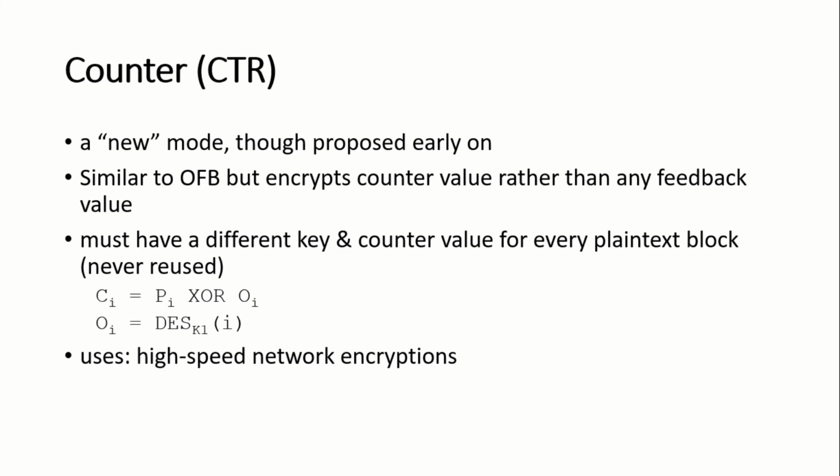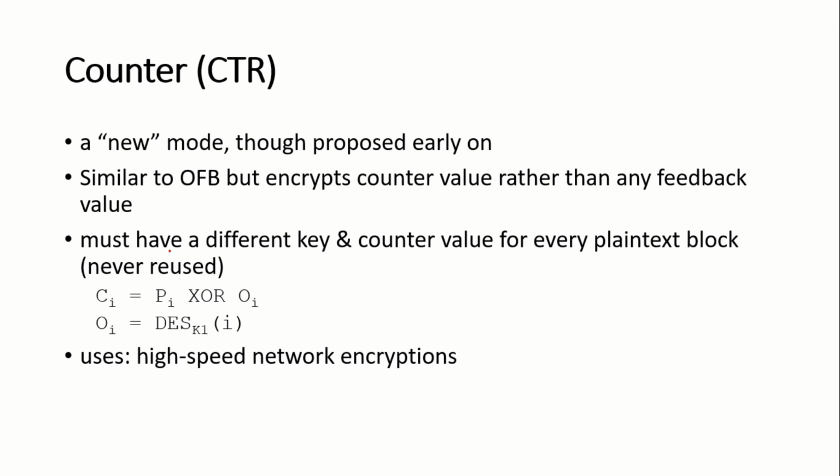Now the last mode of operation is counter mode, which we represent as CTR, right? This mode of operation is similar to OFB, but it uses a counter value rather than the feedback value which we were using in cipher feedback and output feedback, right?